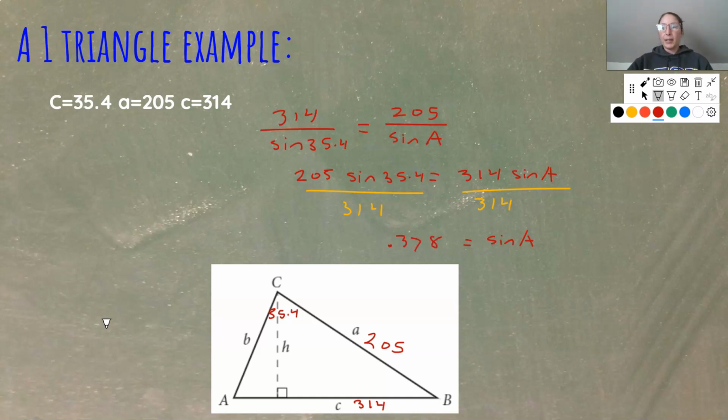If I hit that with inverse sine on both sides, and that's between -1 and 1, so I know I'll actually get a valid number. Then A would be equal to, rounded to the nearest tenth, 22.2. So one value for A could be 22.2.